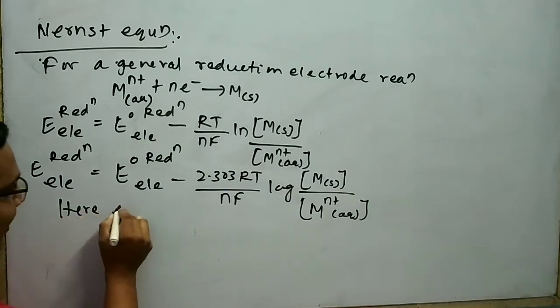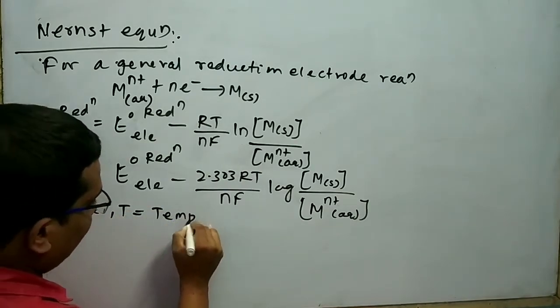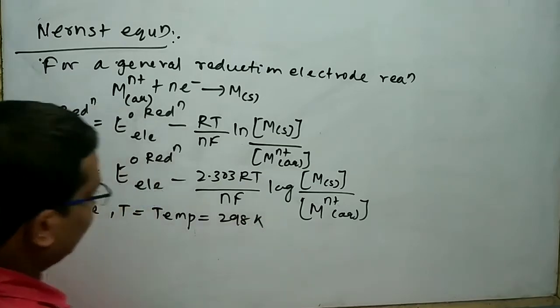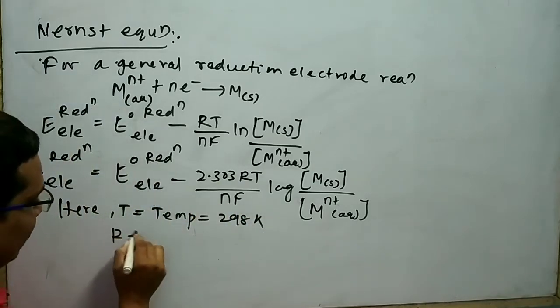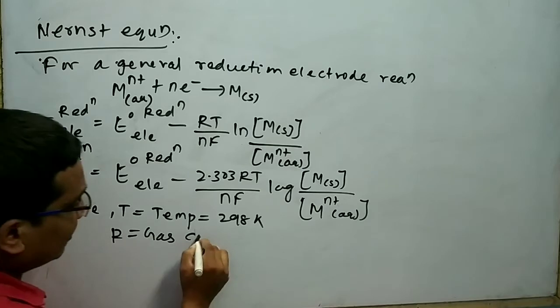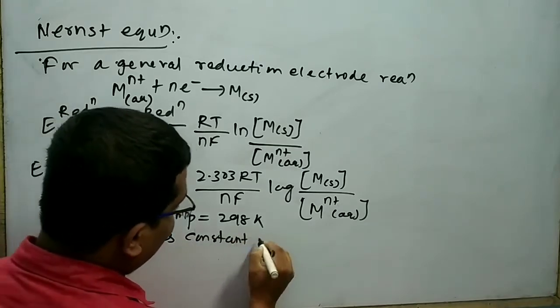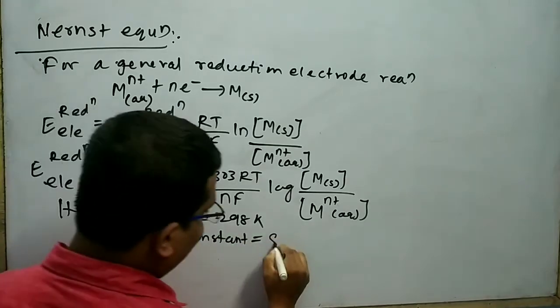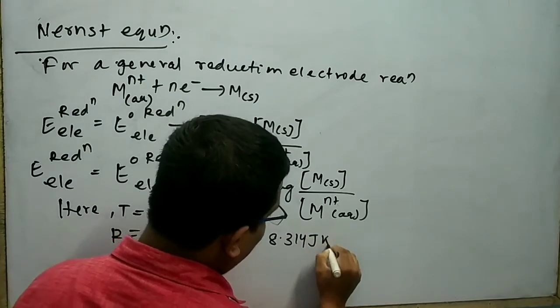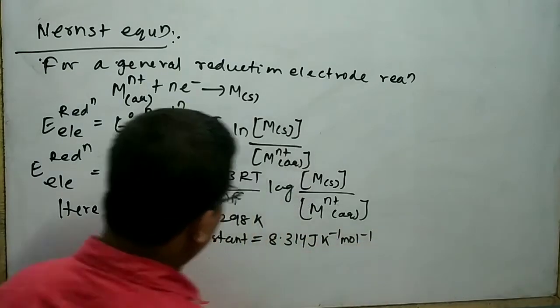Here T is the temperature, that is 298 Kelvin. R is the gas constant, whose value is 8.314 joule per Kelvin per mole.